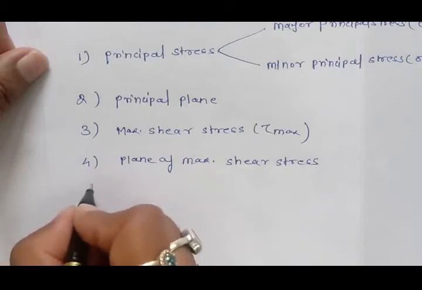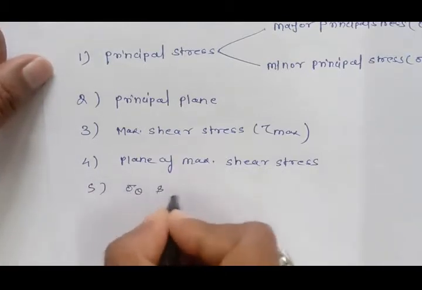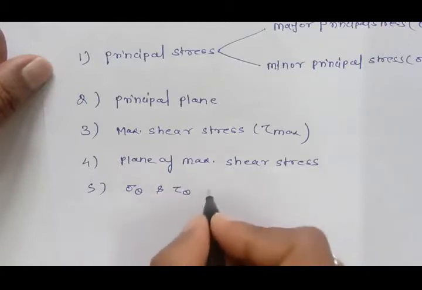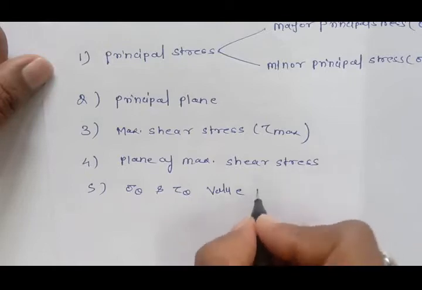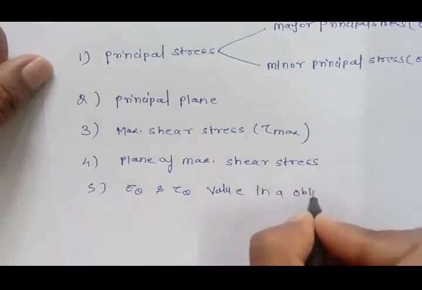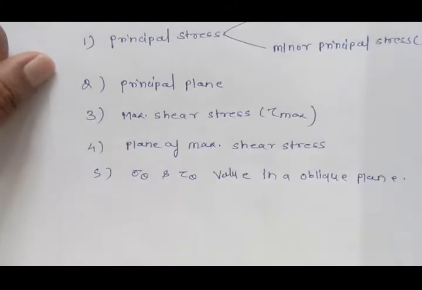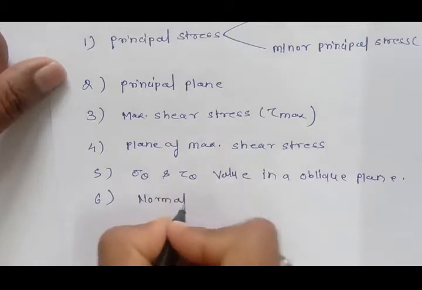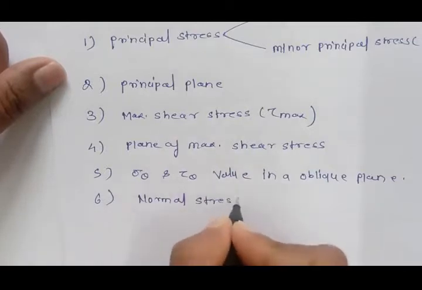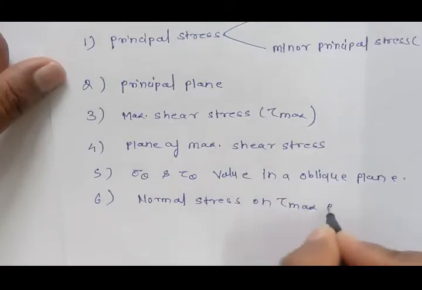Then the sigma theta and tau theta value, how to find out these values in any oblique plane. Then how to find out the normal stress on the tau max plane, that we have already discussed in the analytical method.